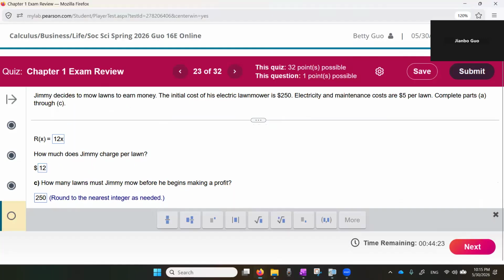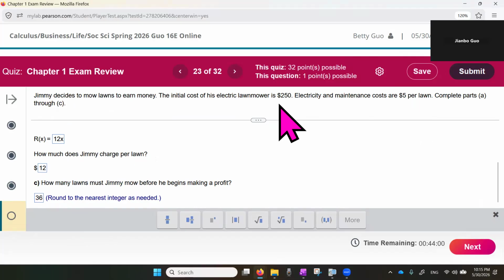36. I apologize, but I figured it out because I just try to make sense of the result, right? He charged $12, but the cost each time he mows a lawn is $5. So the profit for mowing each lawn is $7.